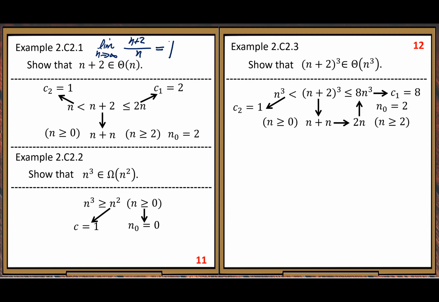But I'd like to tell you, many students, when I give them similar questions in their homework assignment, let me tell you what they typically do. They expand the (n plus 2) cubed function, right?